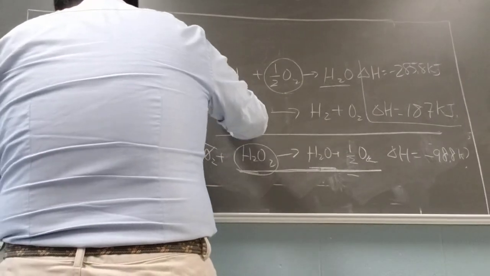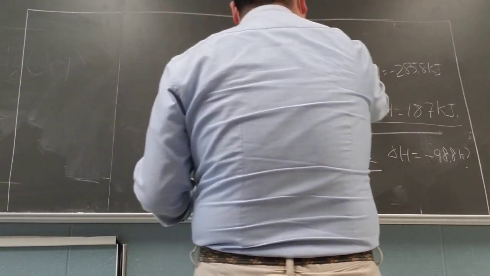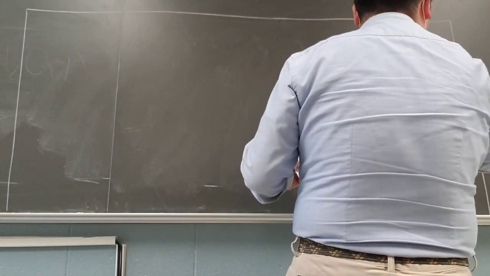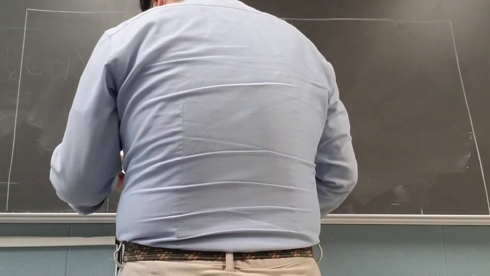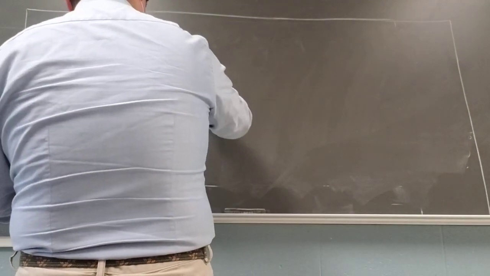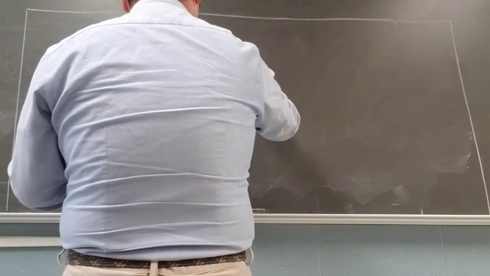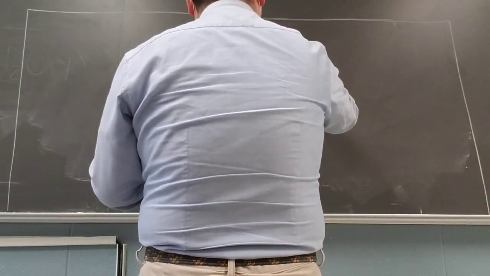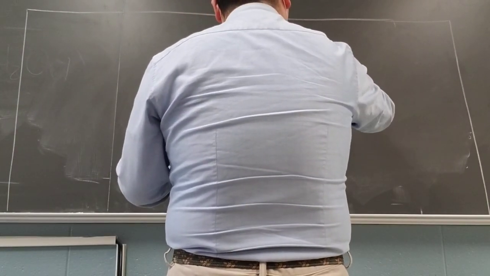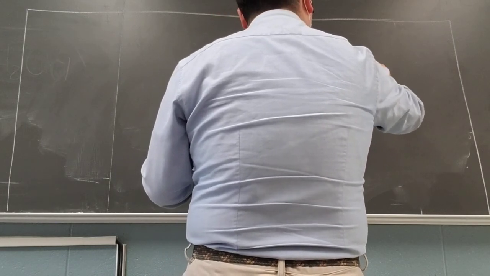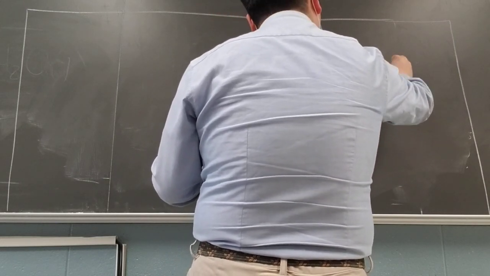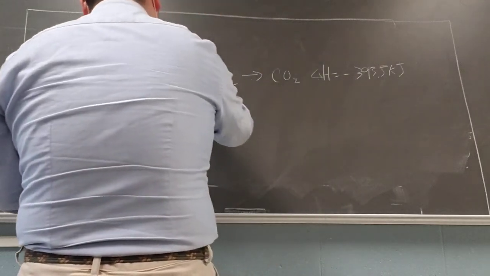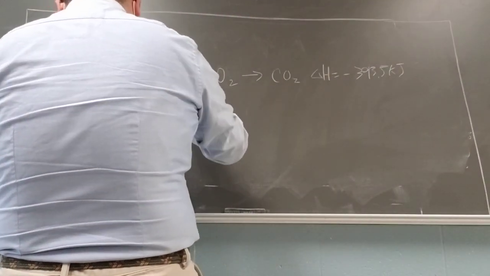Okay, let's try one more, and then we'll move on. You can try to do this one, or maybe you can have a bit more idea of what that's like. Okay, this is the first one. Second one is.